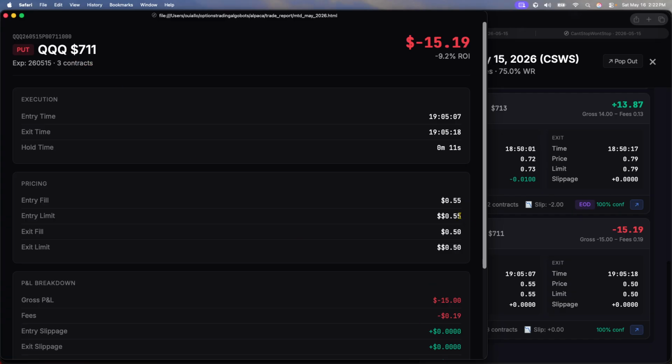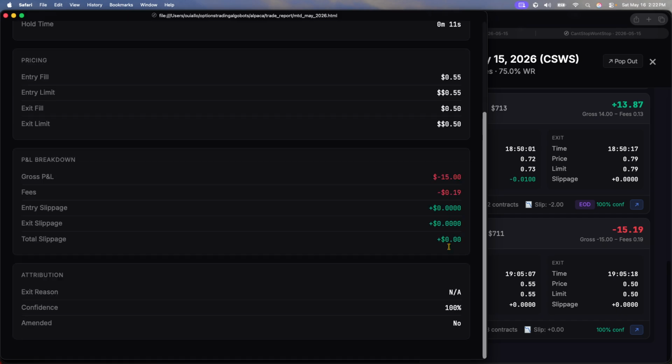We bought in at 55, and after 11 seconds, the market turned against us, and then we got out at 50, right? So that's where that velocity stop came into play. ATR, are we seeing a sharp move towards the buyers or the bull side? That's what made us get out of that position a little bit quicker, right?